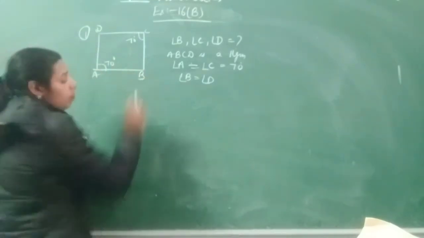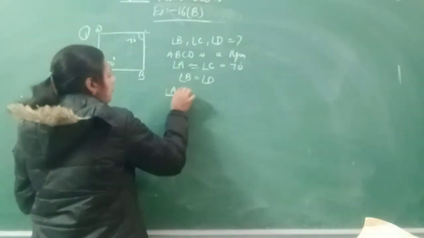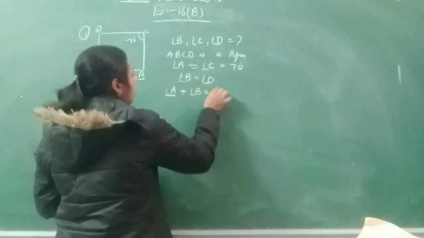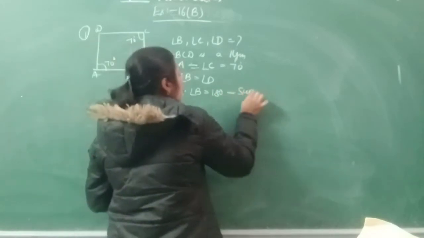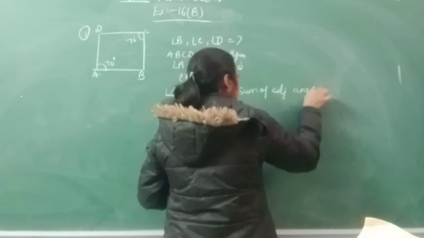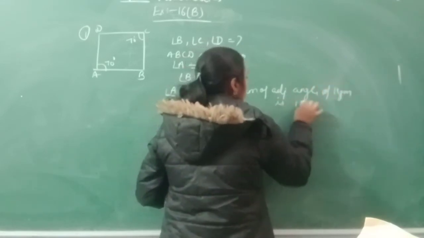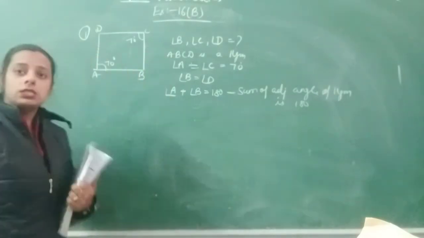There is another property. The sum of adjacent angles of a parallelogram: A plus B is equal to 180. Reason: the sum of adjacent angles of a parallelogram is 180. So angle A plus B is equal to 180.